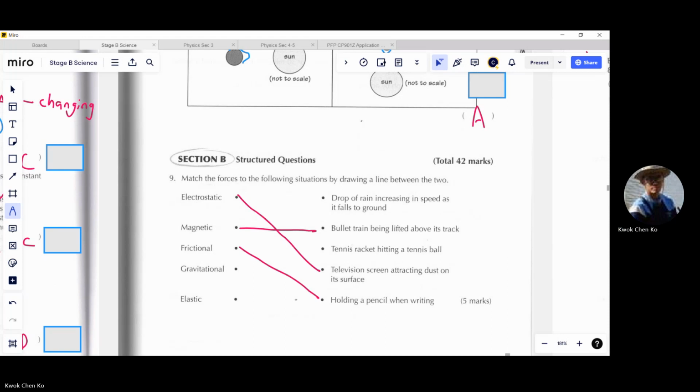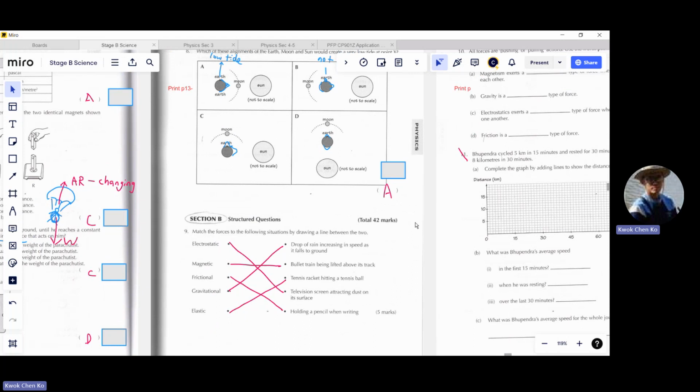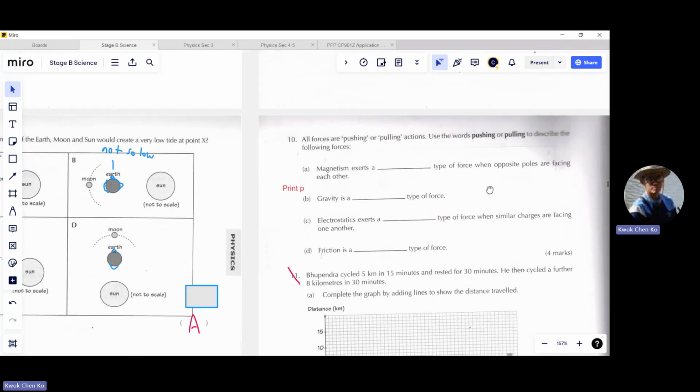Gravitational, the raindrop thing. Good. Then the tennis racket is the elastic. Okay, good. Full marks. I won't explain unless you have questions about them. What's the SI unit of energy? Joule, right? Yes.